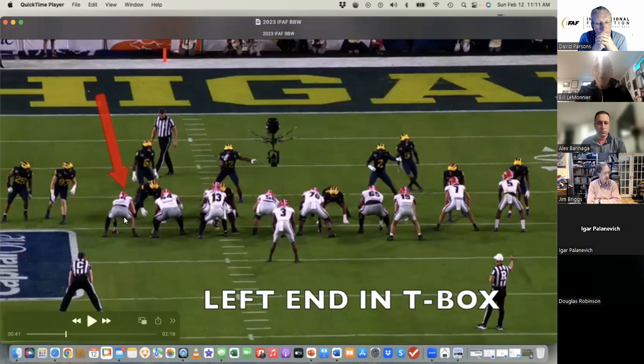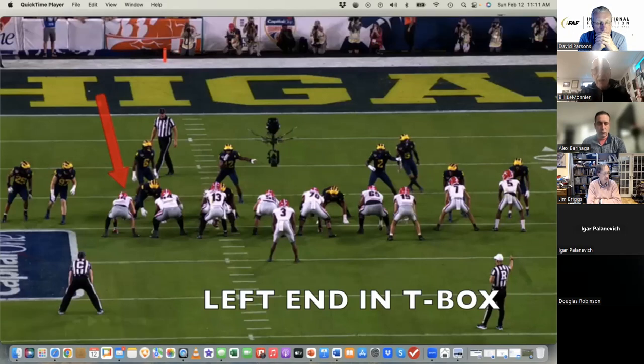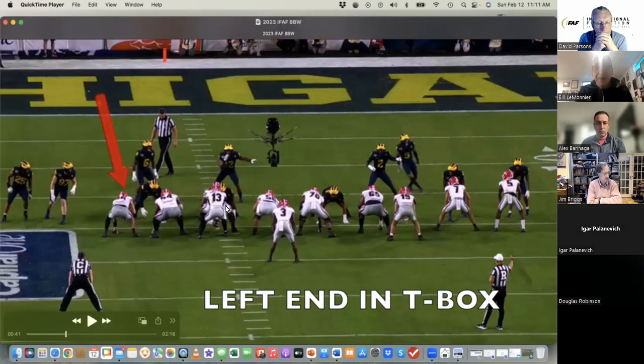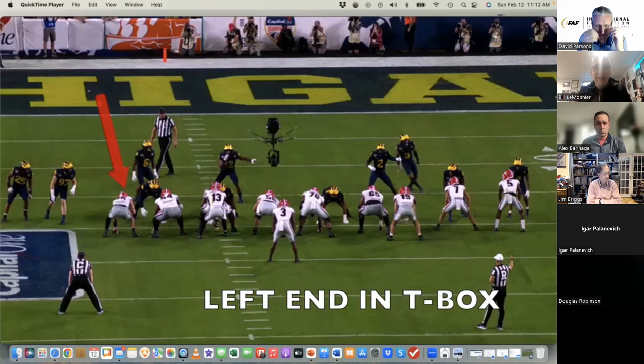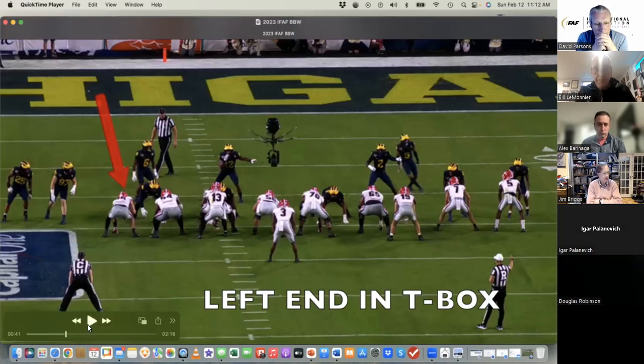To be in the tackle box, you've got to be in normal stance, normal splits, and within 2 players of the center. If you're the third player or more, you're outside the tackle box. In this situation, the left end is inside the tackle box. So it's not by the title of your position, it's by the position you're in on the field. Are you the first or second player to the left or right of the center in normal stance?